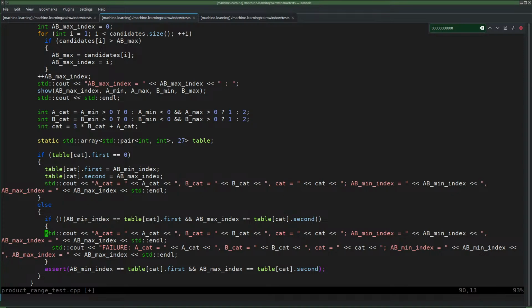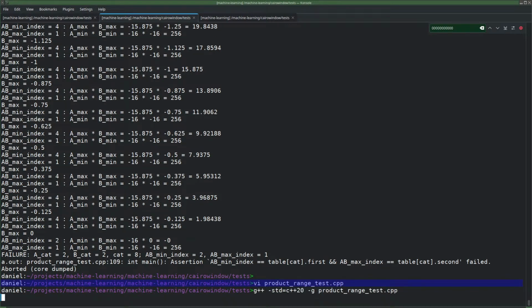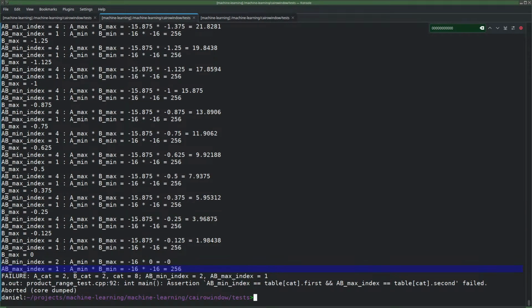I'm printing category here already, just with failure in front of it. I think this is the reason why it goes wrong.